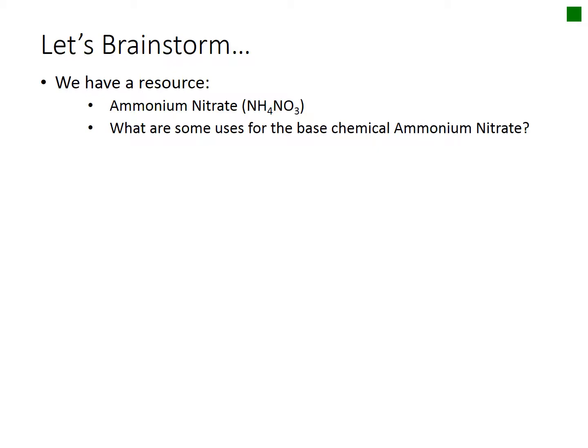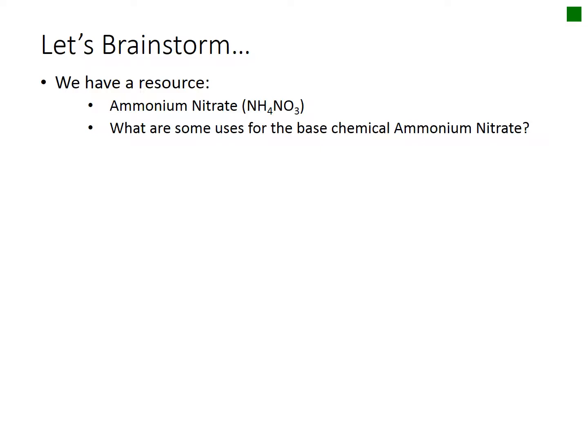So ammonium nitrate is a chemical compound, and we often think about or hear about ammonium nitrate as being a fertilizer, which it is. It's also a component that could be used for an explosive, so it can be a very volatile type of chemical as well.